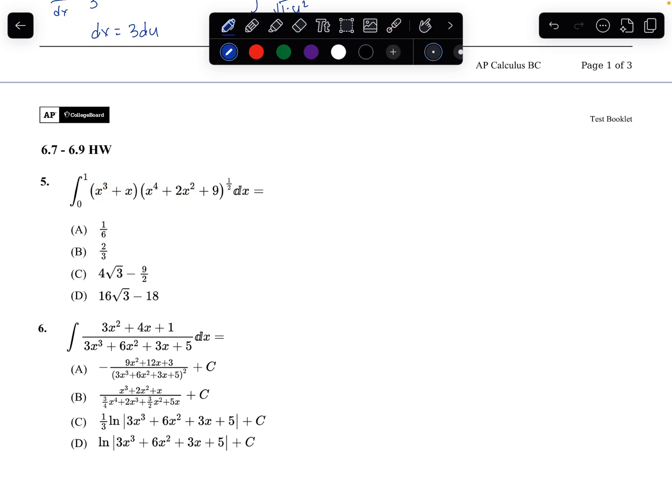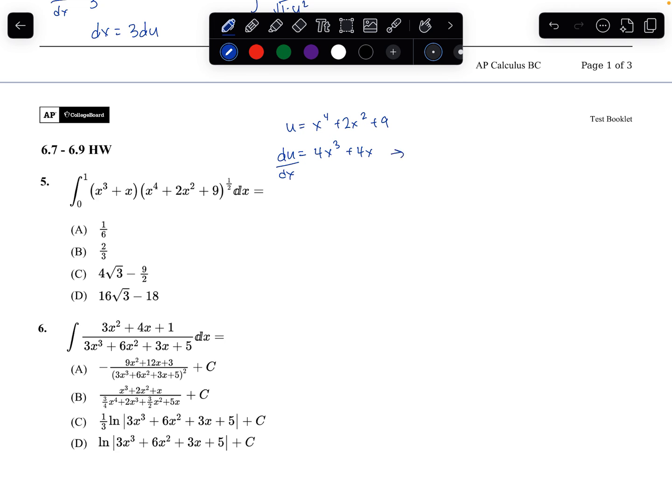So let's say that I let u equal x to the 4th plus 2x squared plus 9. And du would then be equal to 4x to the 3rd plus 4x, over dx, sorry, du dx.